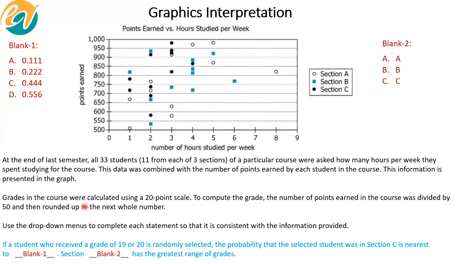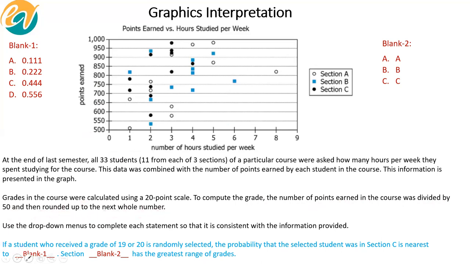Grades in the course were calculated using a 20-point scale. To compute the grade, the number of points earned in the course was divided by 50 and then rounded up to the next whole number.